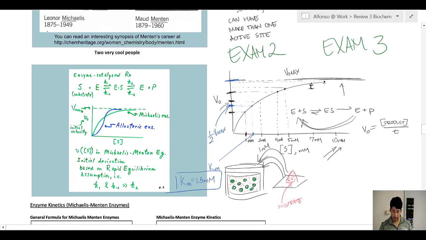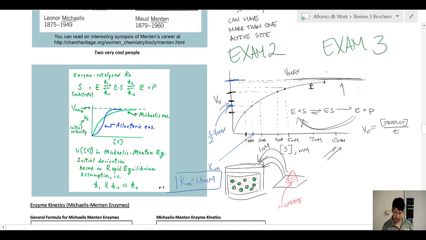So now that we have found our Km, we can talk a little bit more about it. But before I go on, let me see if there's something that I may have missed. No, I think everything looks good. Okay, so before we move on, I want to reiterate, whenever you're given a Michaelis-Menten graph, I want you to look at the Vmax, then look at half of the Vmax.